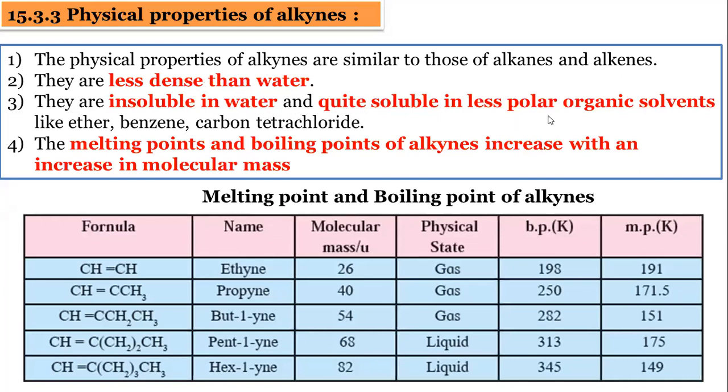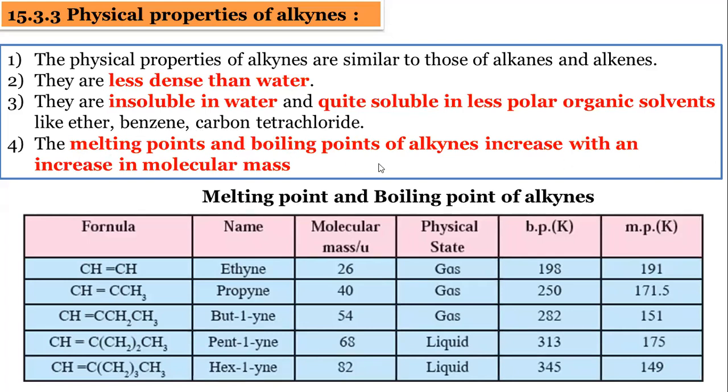They are soluble in less polar organic solvents like ether, benzene, carbon tetrachloride. There is one rule: polar compounds dissolve in polar solvents, and non-polar compounds dissolve in non-polar solvents. As alkynes are non-polar, they dissolve in non-polar solvents like benzene, carbon tetrachloride, ether, while water is polar.